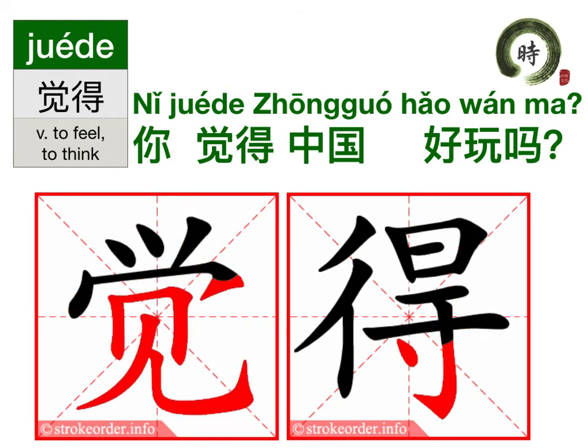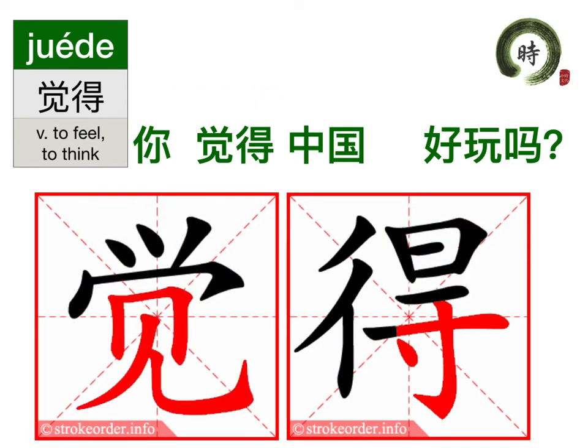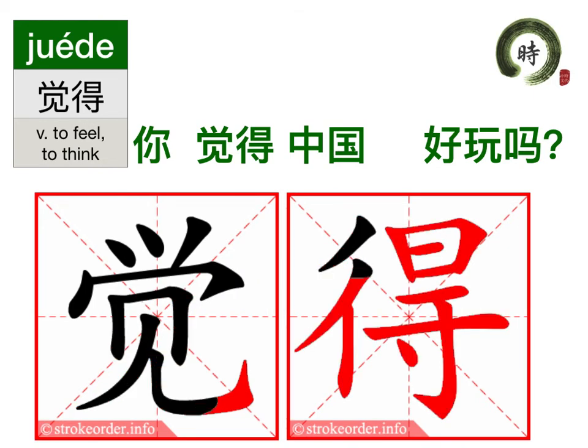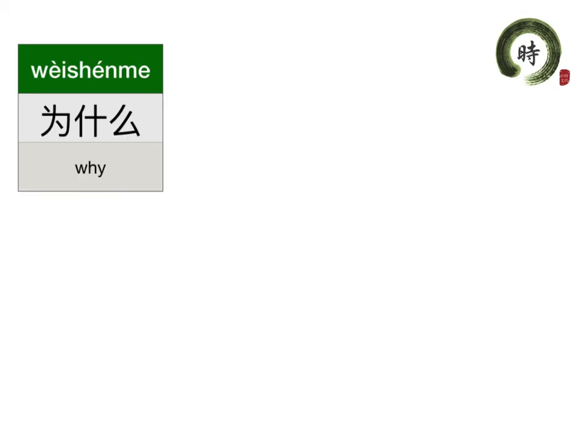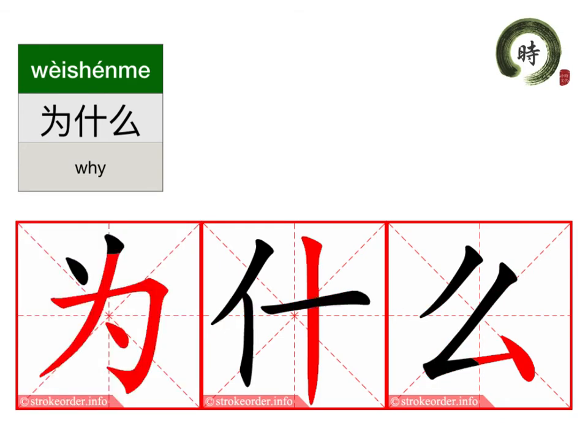Okay, so here, please write down 觉得。觉得。And could you please repeat this sentence without pinyin? 你觉得中国好玩吗？And in the level before, we have already learned 什么。你还记得吗？Do you still remember? When we add 为 before 什么, we have 为什么.